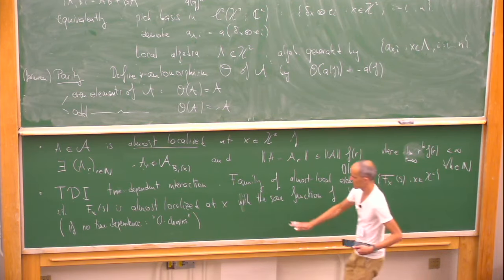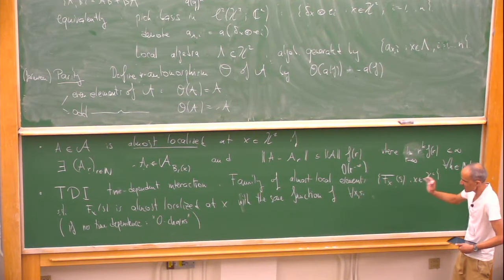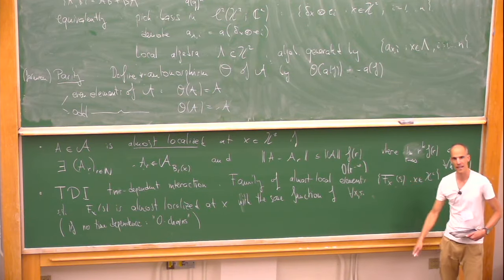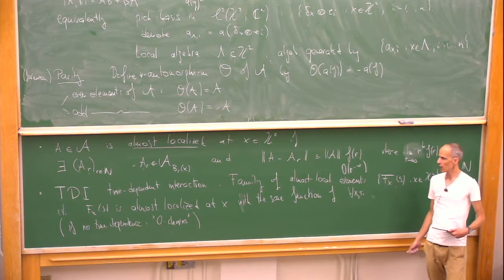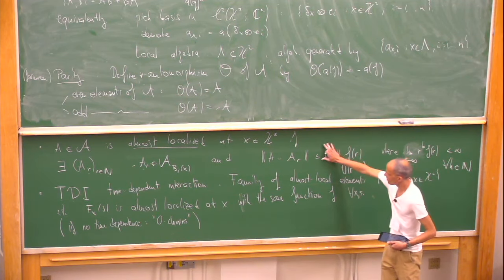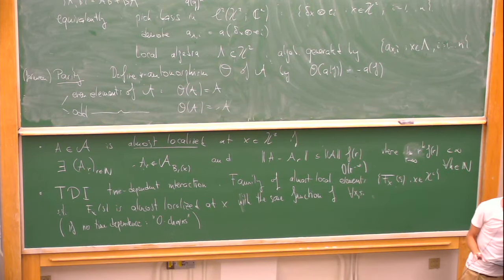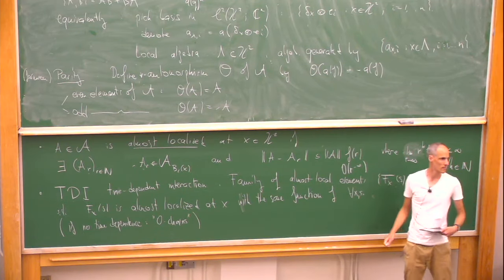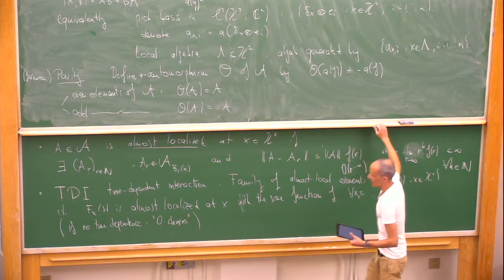It's a very good language. I would like to say that all of these things have been rediscovered and reinvented many times. They all originate in this sort of almost locality, and all of that originates in algebraic quantum field theory in the 60s. So all of this is not really groundbreaking.